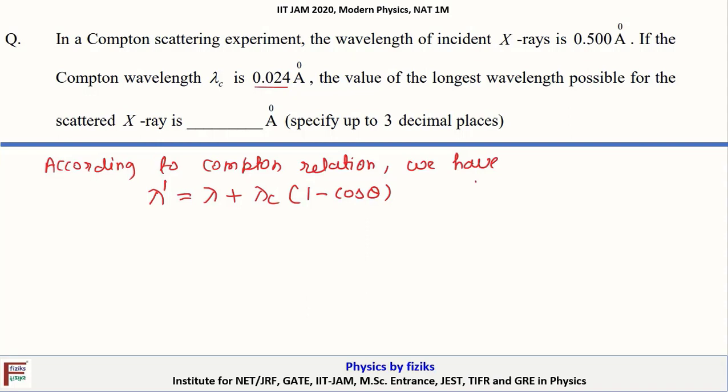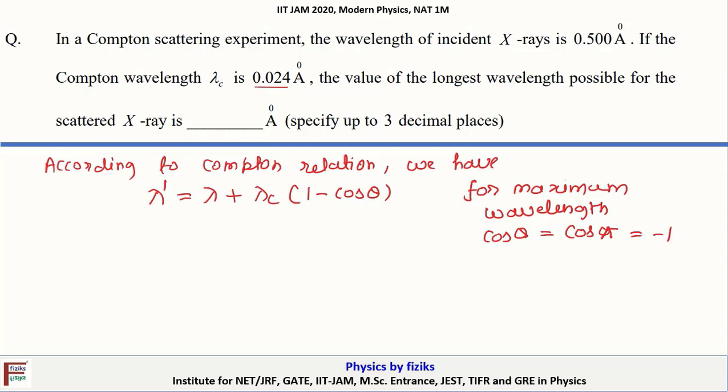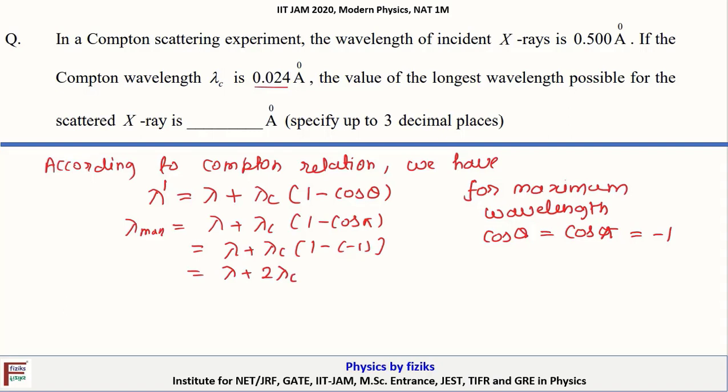For maximum wavelength, cos theta should be equal to cos pi equals minus 1. In that case, lambda dash maximum would be lambda plus lambda c (1 minus cos pi), which equals lambda plus lambda c (1 minus (minus 1)) equals lambda plus 2 lambda c.